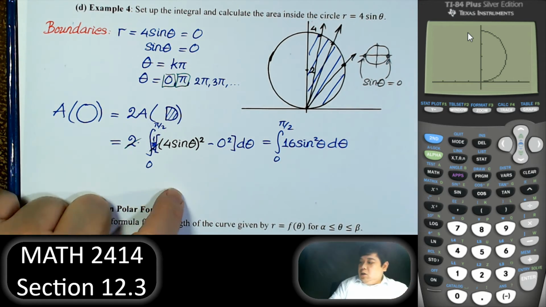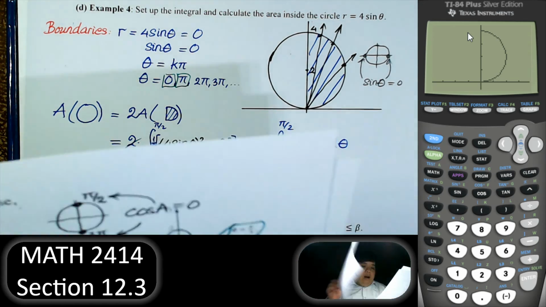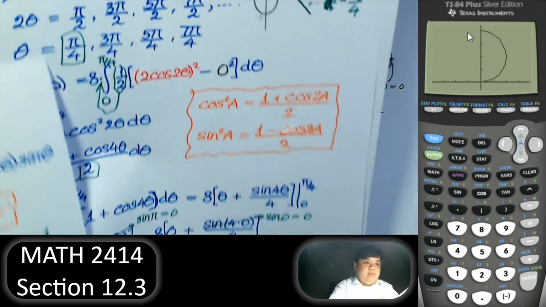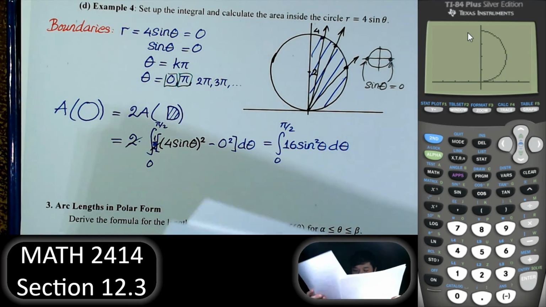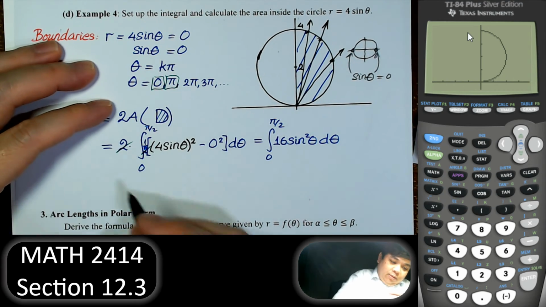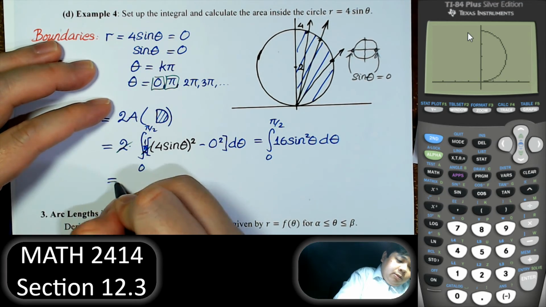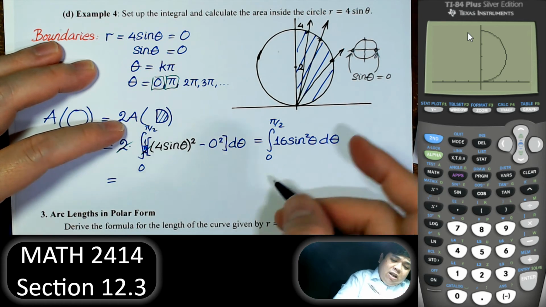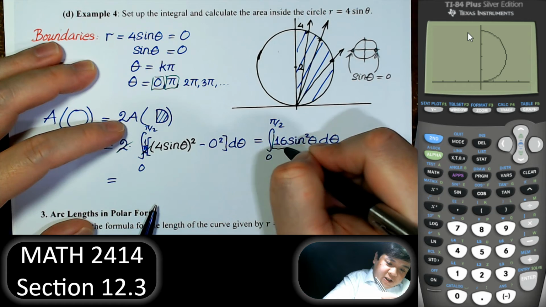Right, power reducing. Sine square is equal to 1 minus cosine double angle divided by 2. Let's take the 16 on the outside.